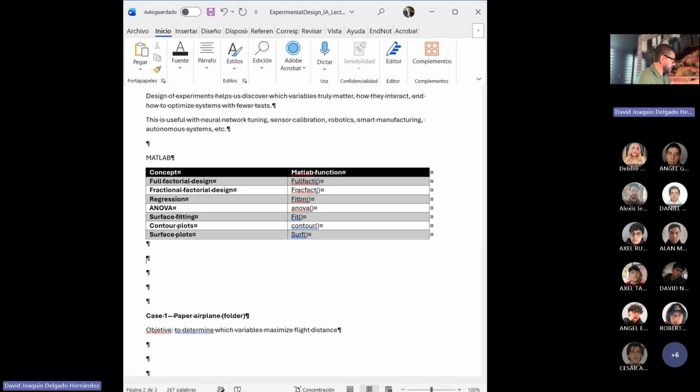Before we continue, let us put here 7 steps to carry out design of experiments.